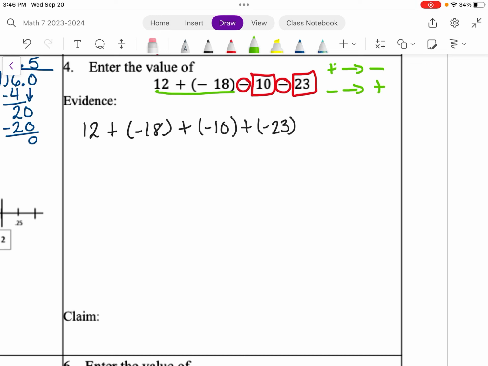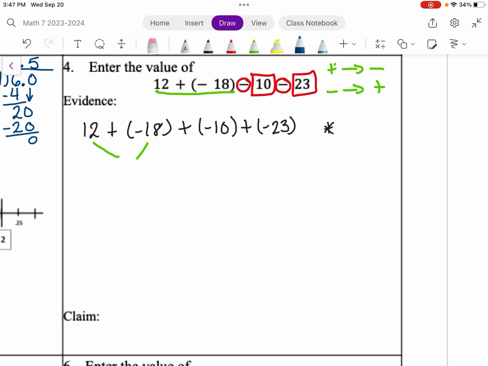Using this, now I have to work with two numbers at a time. So I'm going to work with these two first. I have to look at them. I have a positive 12 and a negative 18. Again, I'm going to put a side note on here.